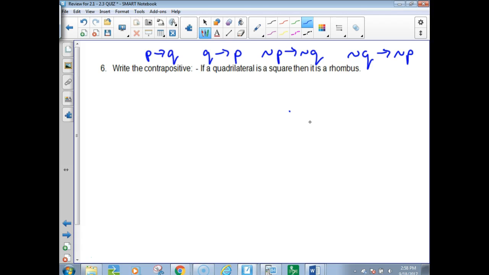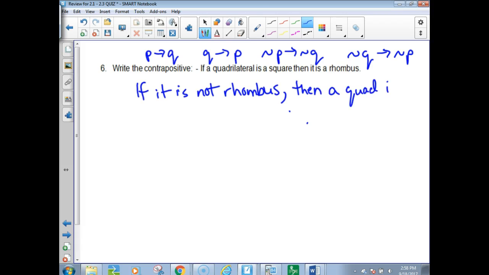That's all it is. Someone want to tell me what it's going to say then? If it is not a rhombus, okay. If you wanted to write if a quad is not a rhombus, that would sound better, but it's not required. If it is not a rhombus, then a quad is not a square.